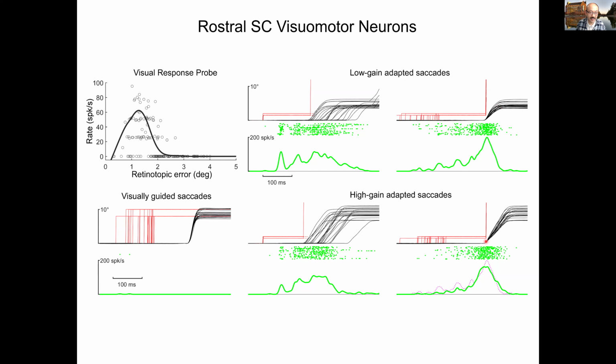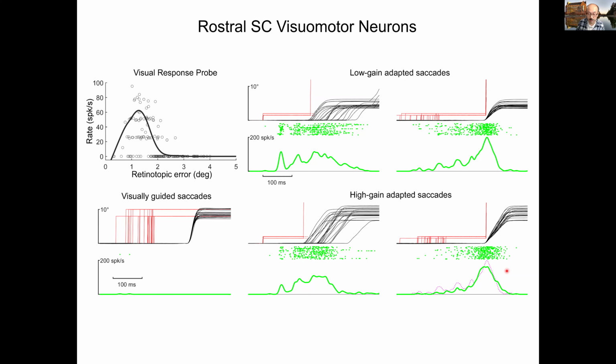And then during high gain saccades, which have an amplitude probably about 10 degrees, it discharges almost similarly. Here the dashed magenta is from the low gain activity. As you can see, during the high gain adapted saccade the activity of the neuron is slightly lower, but also longer than during the low gain saccade.